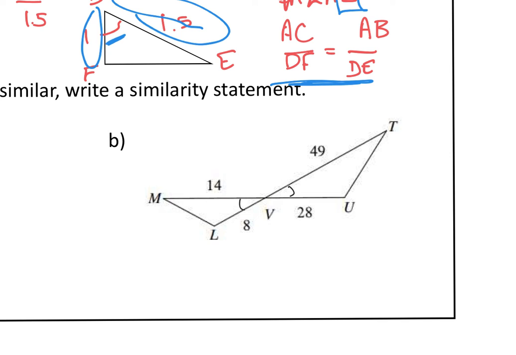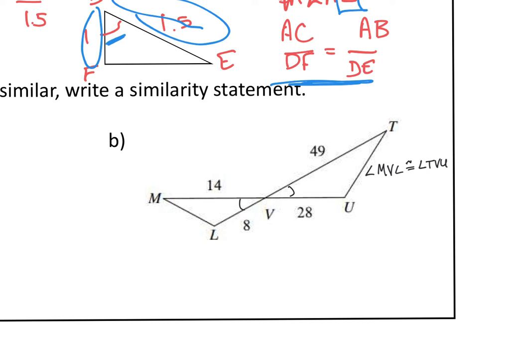And we know that angle MVL is congruent to angle TVU, and the reason is because they're vertical. We've watched that and watched that, so we know that they're vertical.